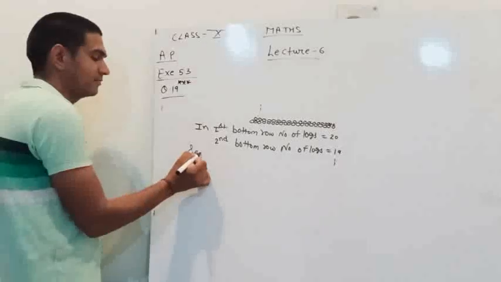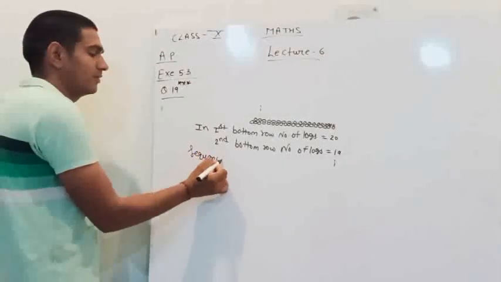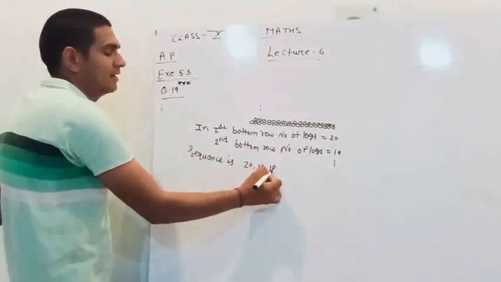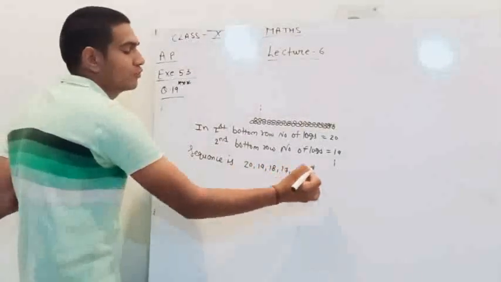So the sequence is 20, 19, 18, 17 and so on.